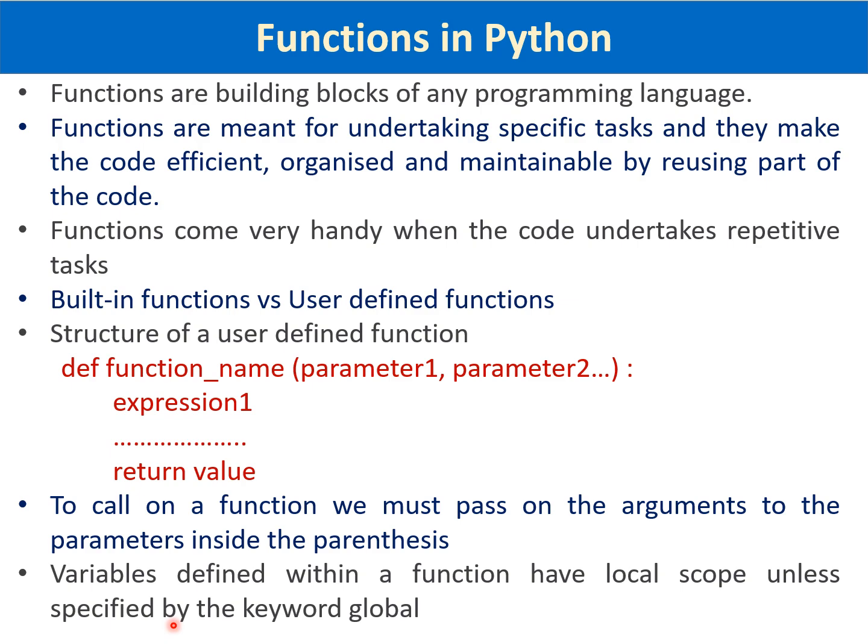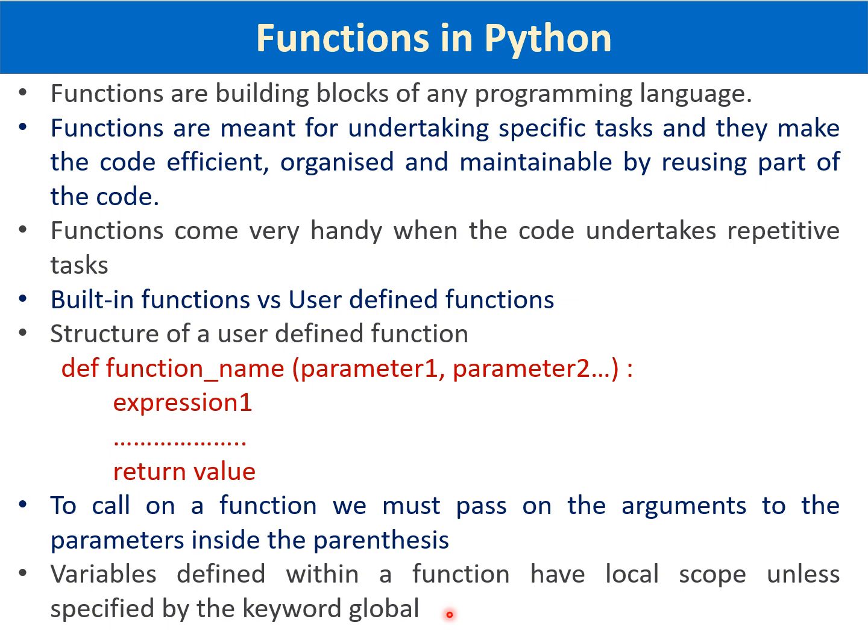Variables defined within a function have local scope unless specified by the keyword global. We will see variable scope with some examples of user defined functions and scope. Whenever you define variables within a function, they cannot be called outside the function, meaning outside the function they are not known.